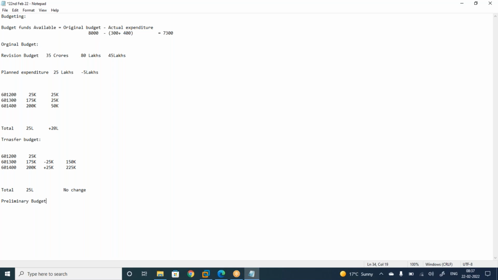Preliminary budget means, suppose today it is April 2nd, but the budget is not confirmed. Budget is not confirmed means one finance department is asking 20 lakhs, the sales department is asking 15 lakhs, the purchase department is asking 15 lakhs, and the HR department is asking 10 lakhs, total 60 lakhs.